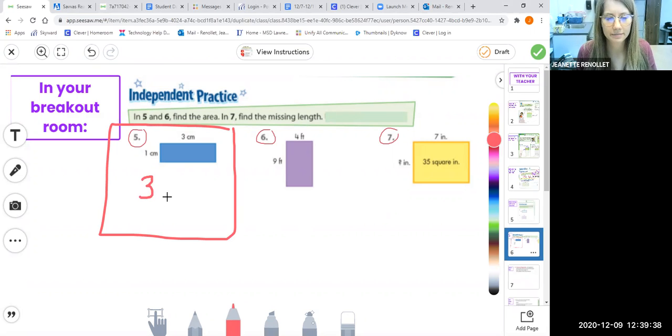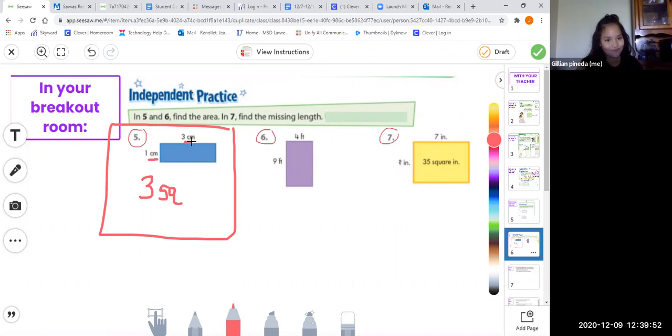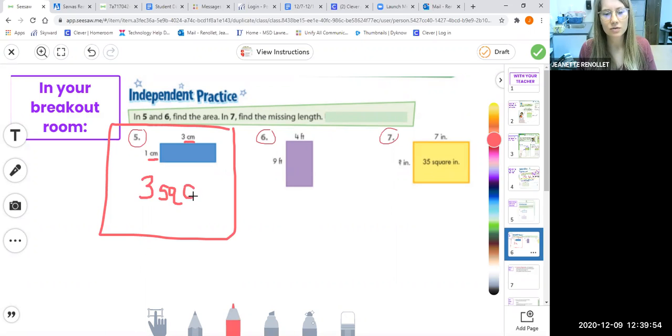Pokemon cards? 3 anything, like 3 strawberries. 3 square. We can write this for short. 3 square, what's our unit? It looks like centimeters. 3 square centimeters. Good job. Check your work. For number 5, do you have this written down? 3 square centimeters. Check your work.